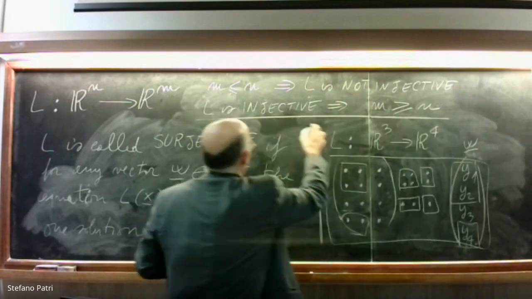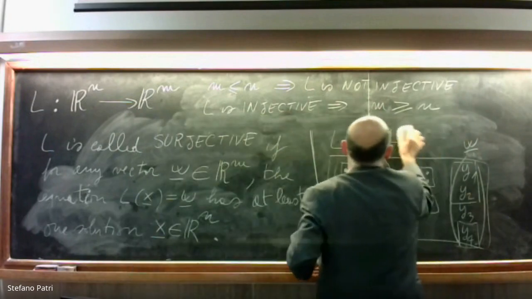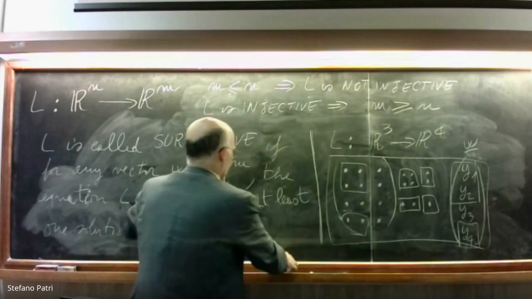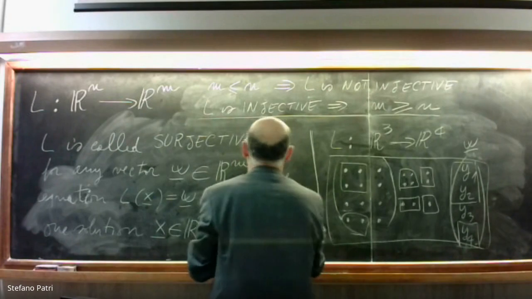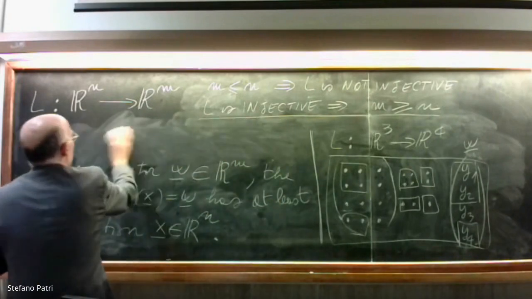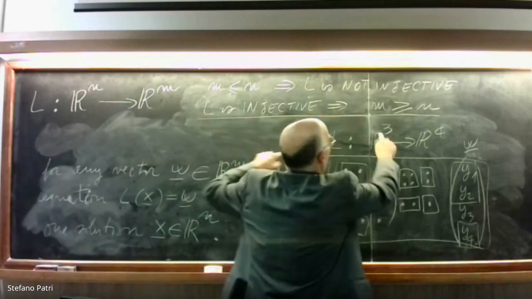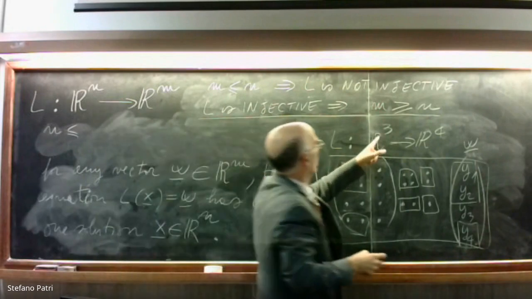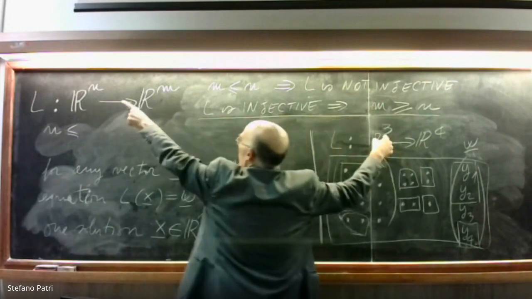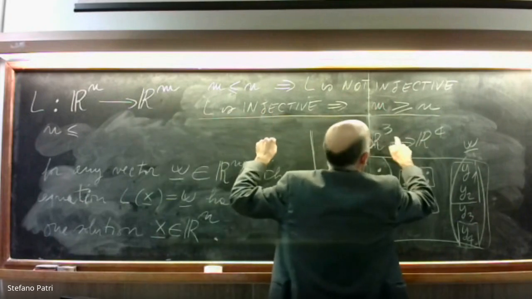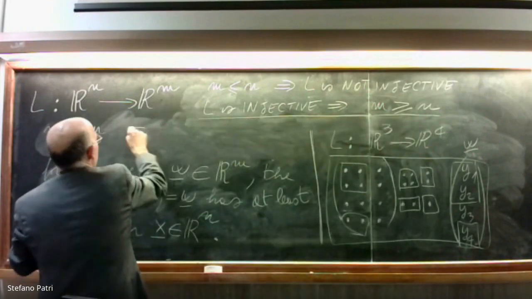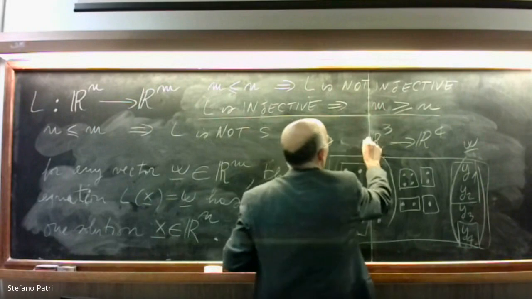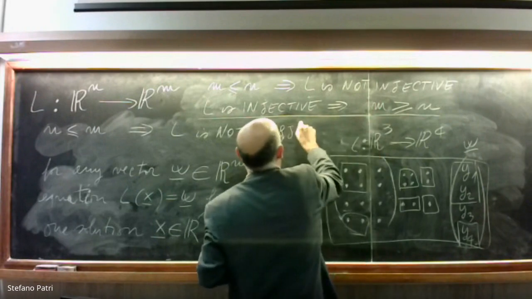And then we have discovered that, from R3 into R4, we can write like here: n less than or equal to m, the first dimension less than or equal to m, gives L is not surjective.